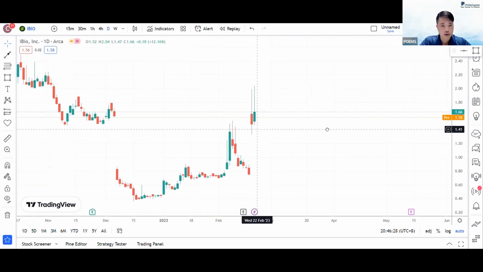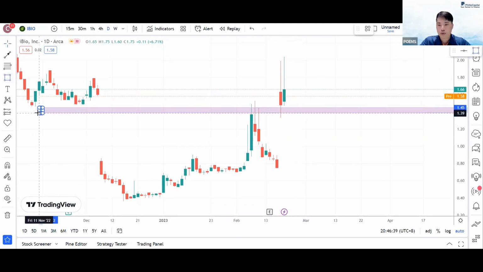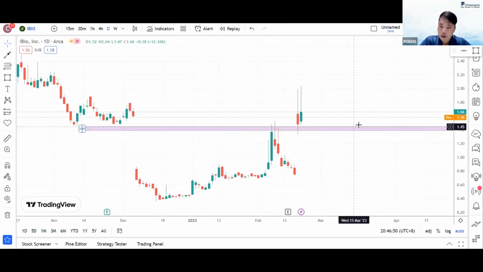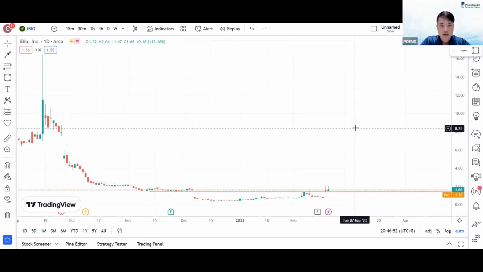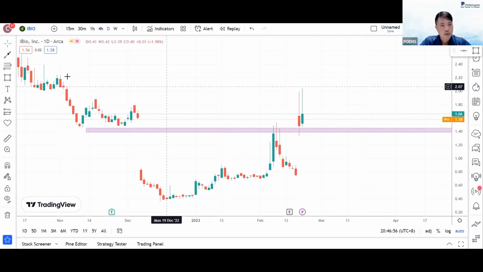Of course, previously there was a gap here, so price has really gapped up. Then yesterday it also closed bullish, so technically it's already hovering at a potential resistance-support flip. So the resistance level has turned support, right? If price holds above 1.4, then probably the next price we are looking at is the 2 already.